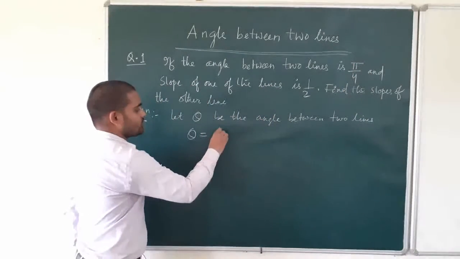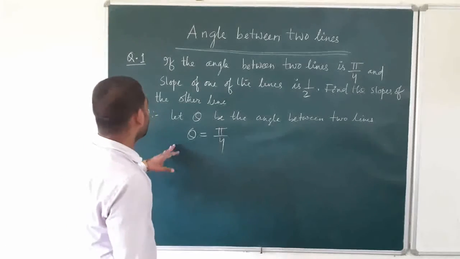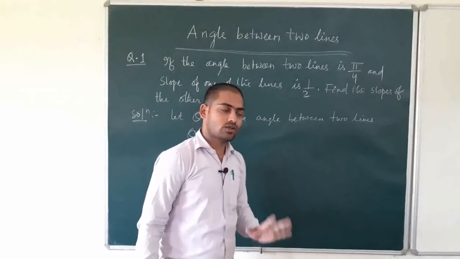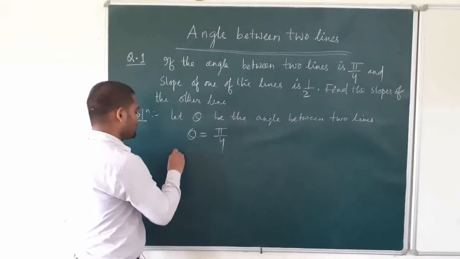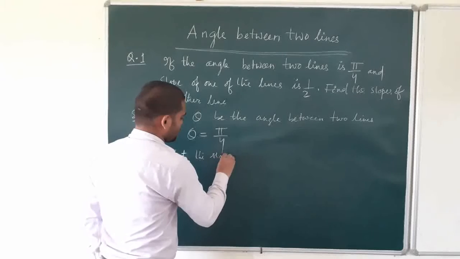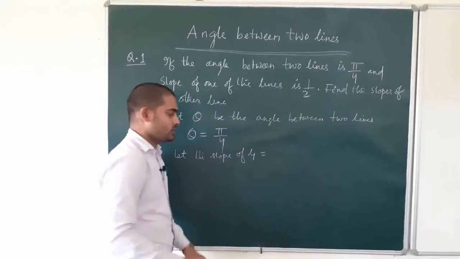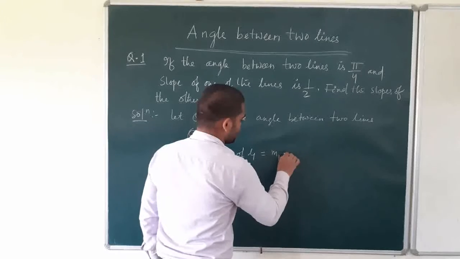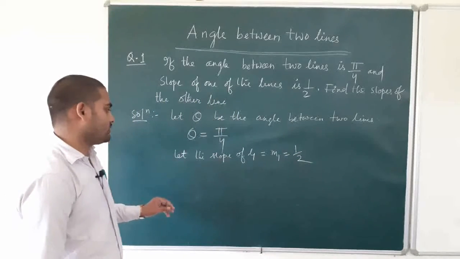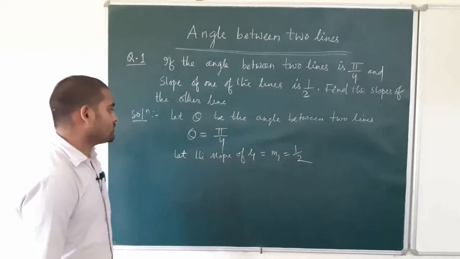Now the slope of one of the lines is 1 by 2. Let the slope of L1, line 1, be m1, that is equal to 1 by 2, given. And we have to find the slope of the other line.